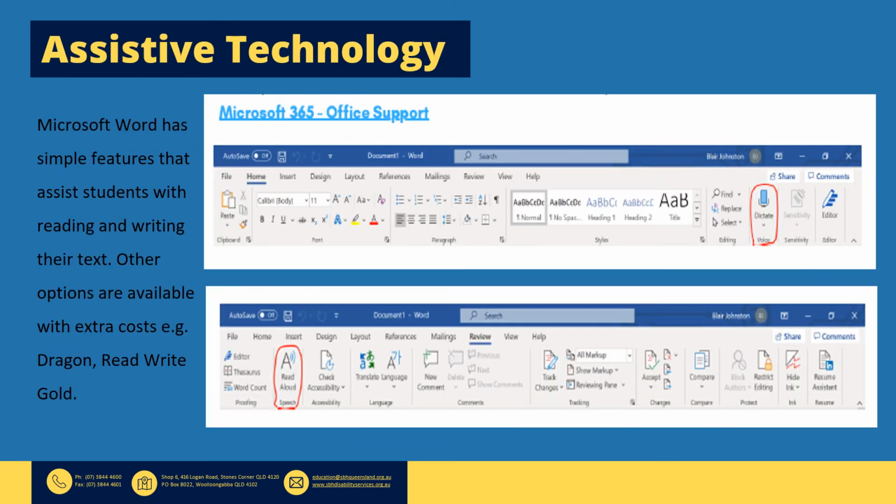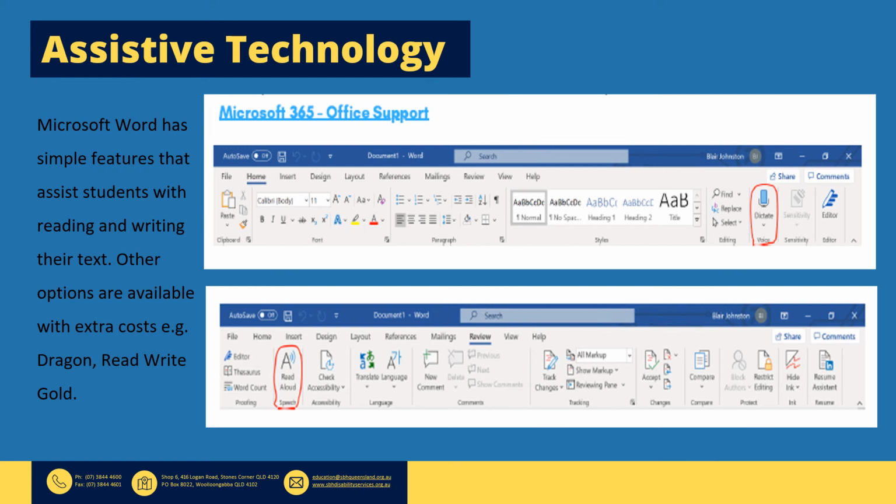Assistive technology is something that really works well with our children with executive functioning difficulties because of their working memory, their processing speed, and having so much difficulty putting thoughts down onto paper. Some schools, if a child has a verified disability, something already identified by a medical professional or a psychologist, will quite often provide Dragon or Read Write Gold, which have extra costs.